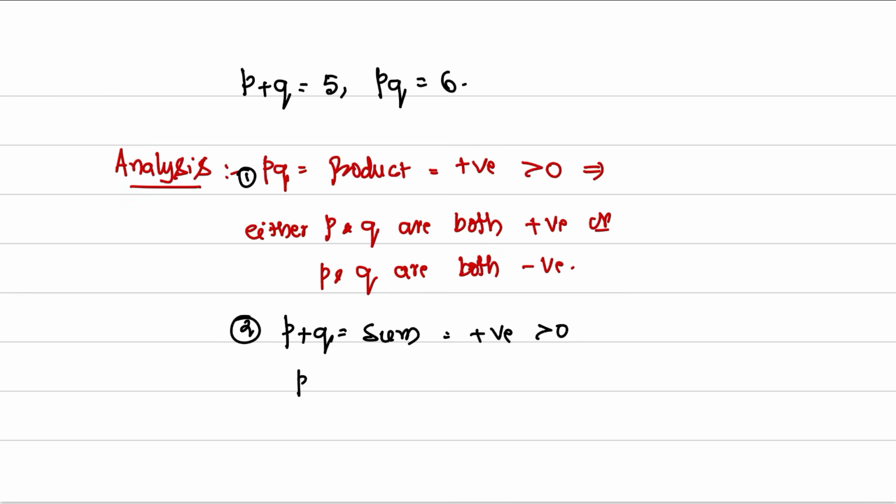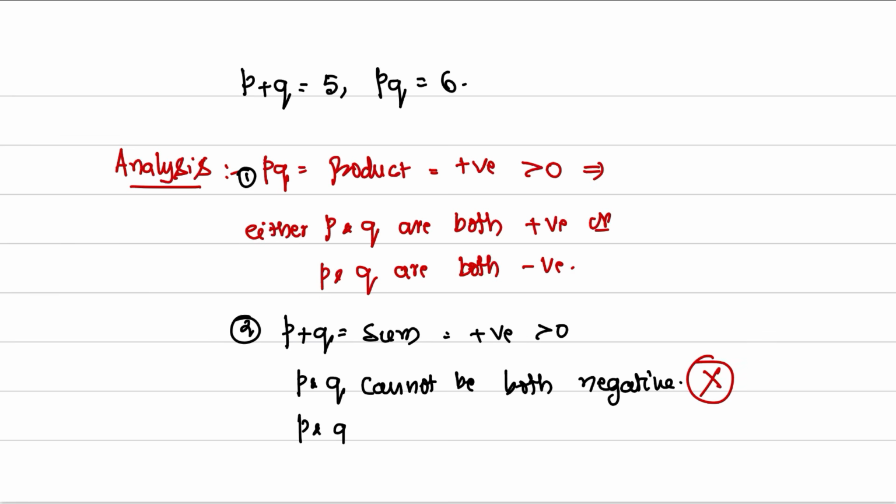Hence, P and Q cannot be both negative, because both negative means this condition is nullified. Hence, this particular condition is not accepted. Hence, the final condition is P and Q both are positive. This condition is correct.